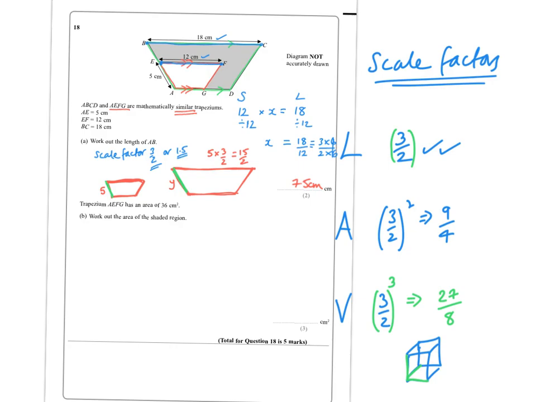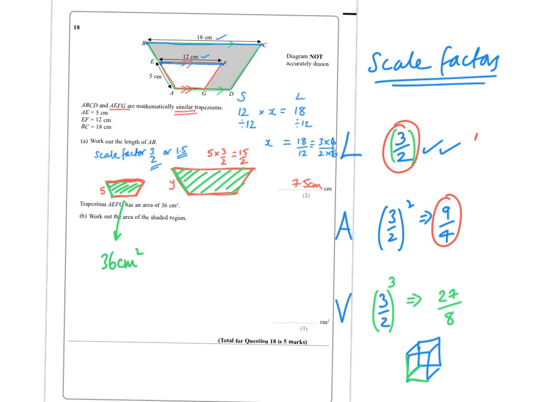It said here that AEFG, which is the smaller one, had an area of 36 centimetre squares. We have to work out the area of the shaded region. Well, let's not worry about that too much. Let's just work out what the area of the larger shape would be. So we knew that its scale factor for length was 3 over 2, so its scale factor for area is 9/4.